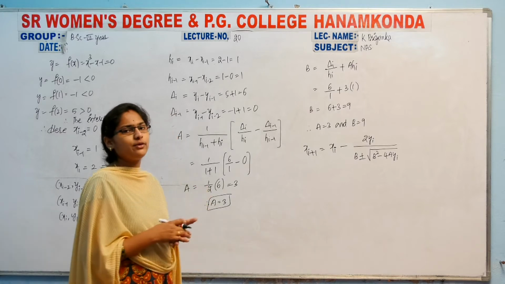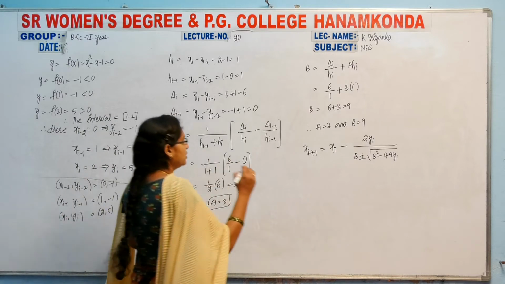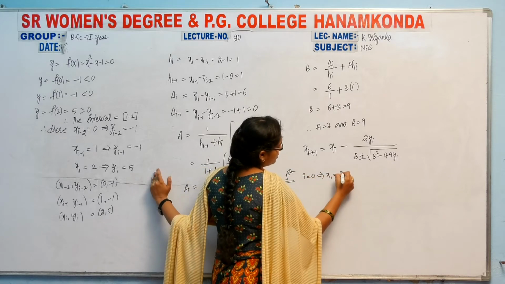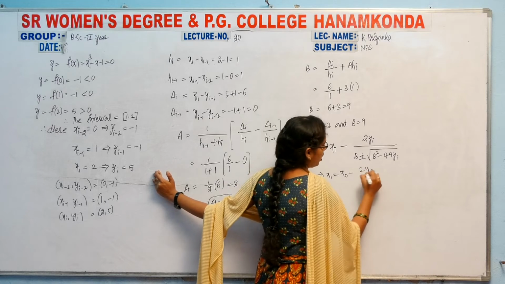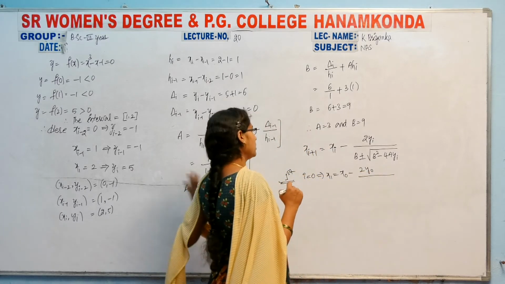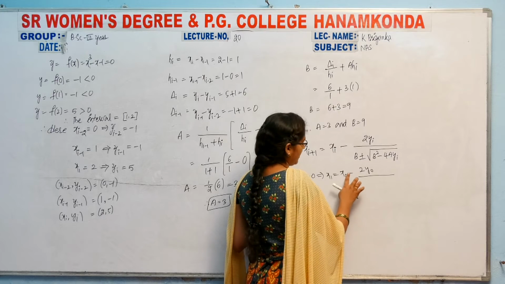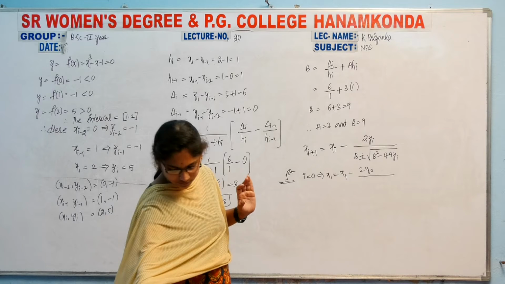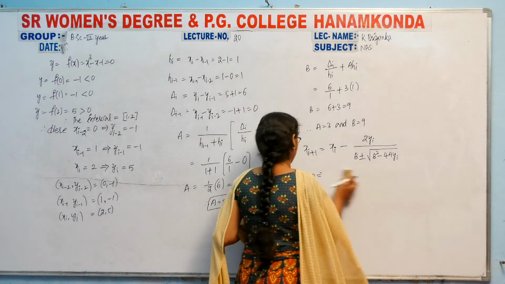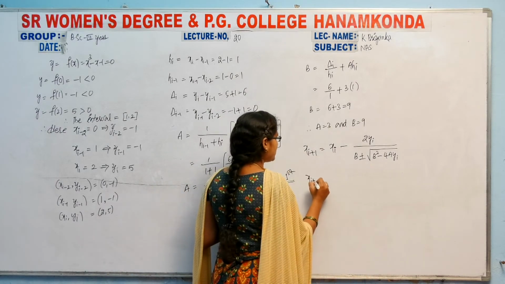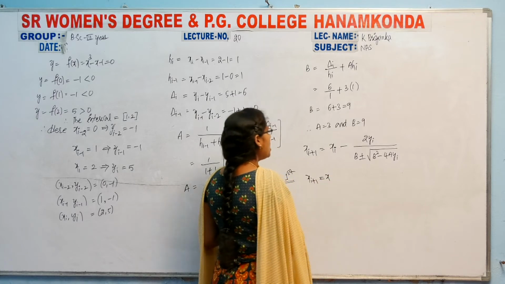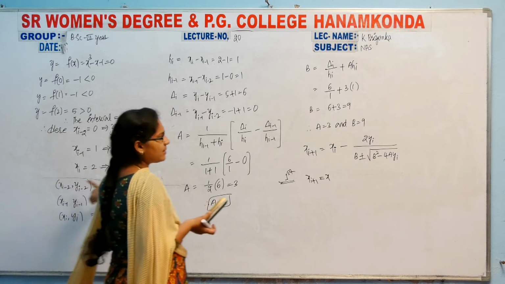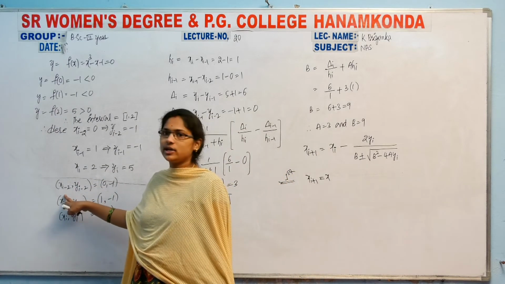Now first of all what we have to do? We have to put i equal to 0. Now first iteration, i is equal to 0. Then x1 equal to x0 minus 2y0 by b plus or minus square root of b square minus 4ay0. If you are clear with the values, then you can take that directly. Otherwise see here, if you put i equal to 0, then it is xi minus 2.